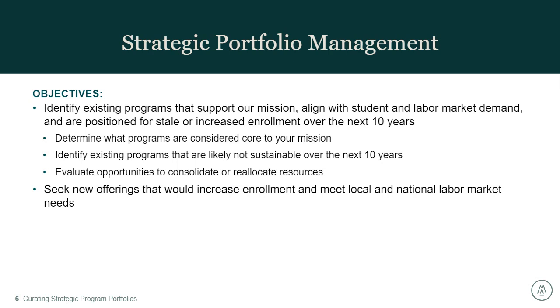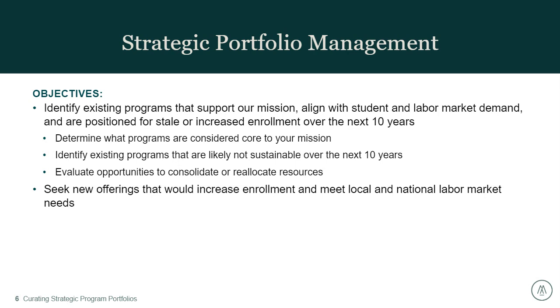So one of the things I did want to talk about on this slide, when you are looking at strategic portfolio management, what you are offering, you really should think about what is working for your institution, what isn't working for your institution.